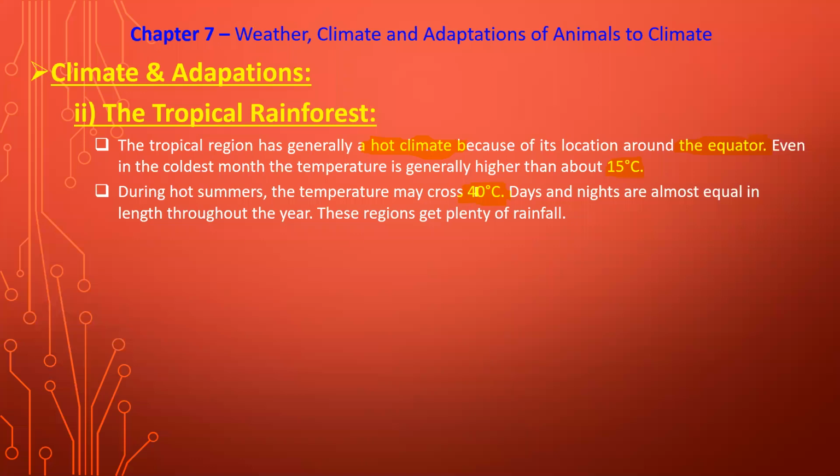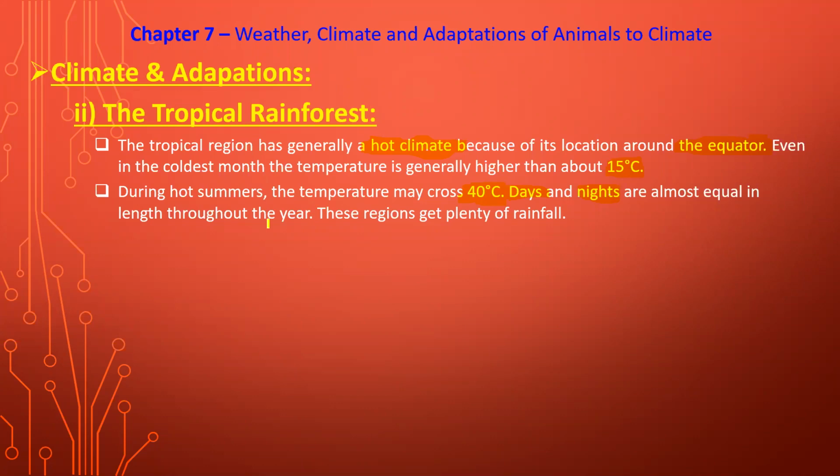If we compare the duration of days and nights, they are almost equal in length throughout the year. We have seen that in the polar regions the times of day and night differ from each other, but here they are almost equal throughout the year.